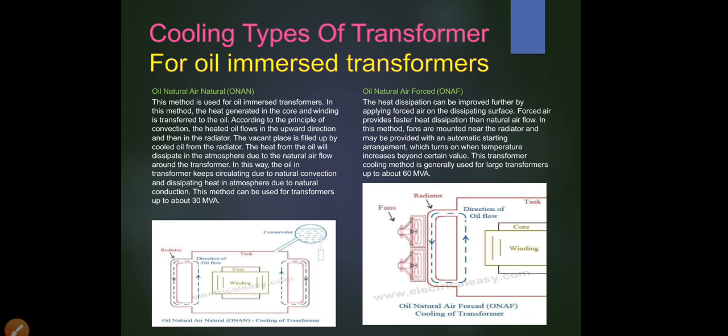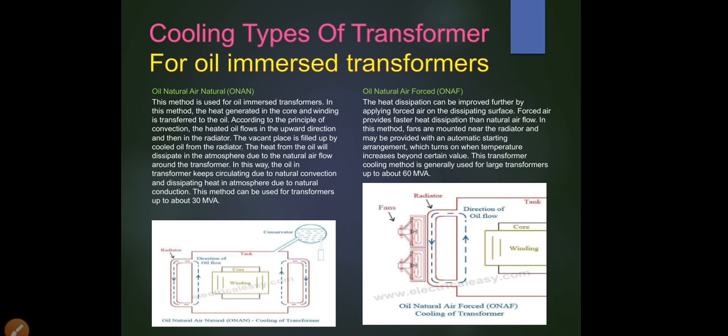In this method, the fans are mounted near the radiator and may be provided with an automatic starting arrangement which turns on when the temperature increases beyond certain values. Just like in ACs, this transformer cooling method is generally used for large transformers up to 60 megavolt amperes.